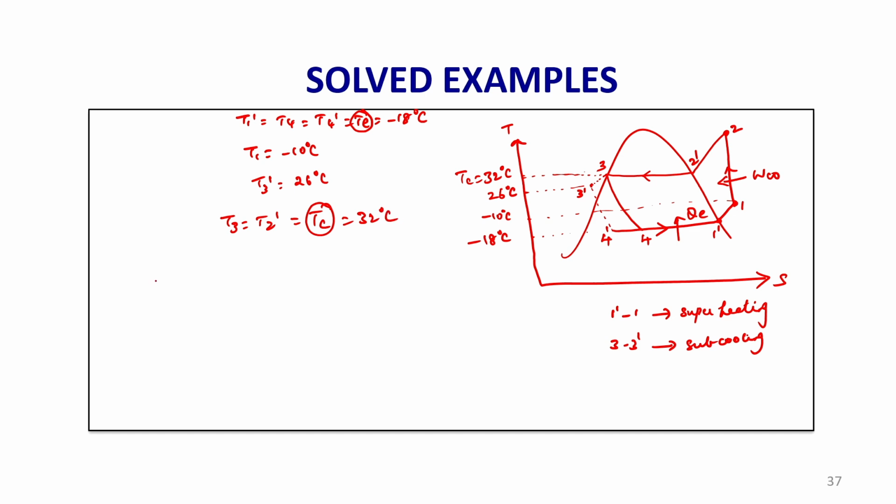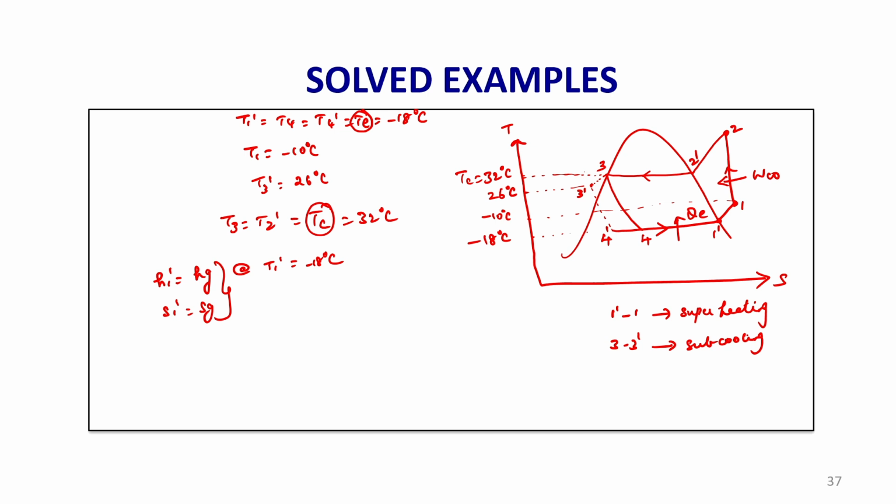Now, H1 dash and S1 dash, let me write it so that you will be very clear. H1 dash is equal to Hg at T1 dash, what is T1 dash? Minus 18 degrees centigrade. Similarly, S1 dash is equal to Sg at minus 18.